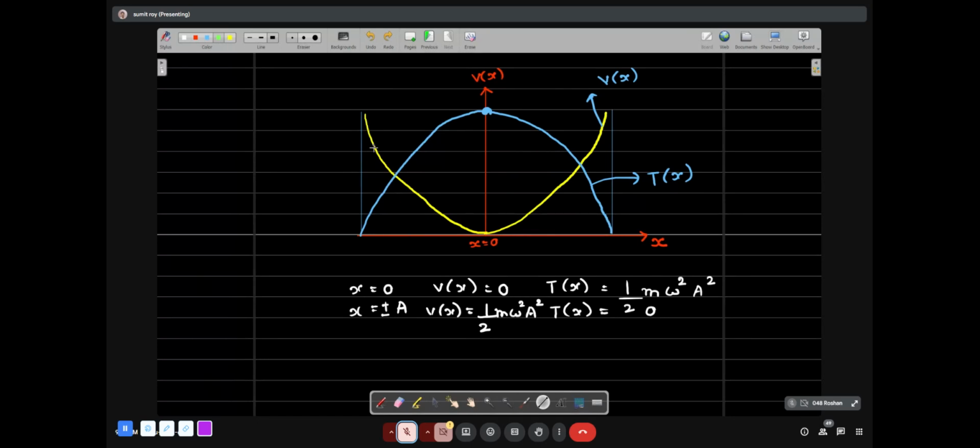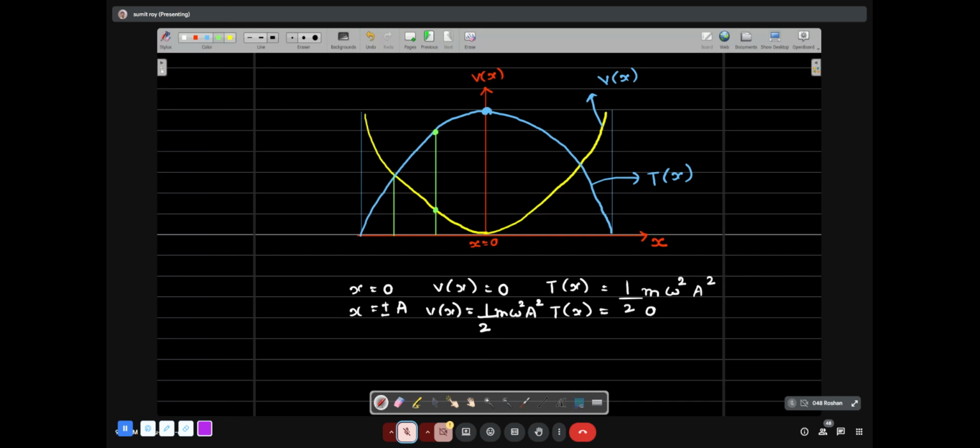At this position, both potential energy and kinetic energy are equal, but the total energy will be half m omega square a square. Somewhere here, you have more kinetic energy and less potential energy, but the total energy will be half m omega square a square. So at any position, the total energy is constant.